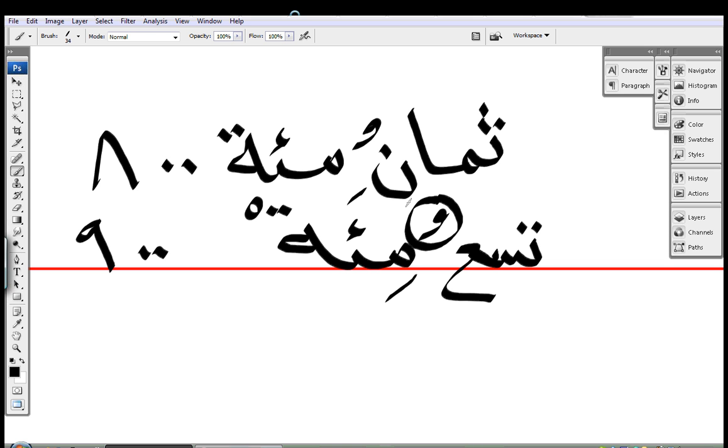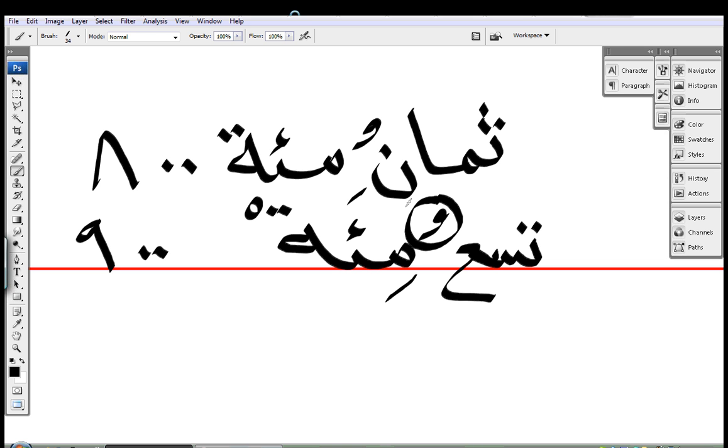But anyways, some people were wondering why don't we in Arabic always use alamat tashkil. It's because after a while you get used to the words and you would know which alamat tashkil would go on which word and which letter and so on.